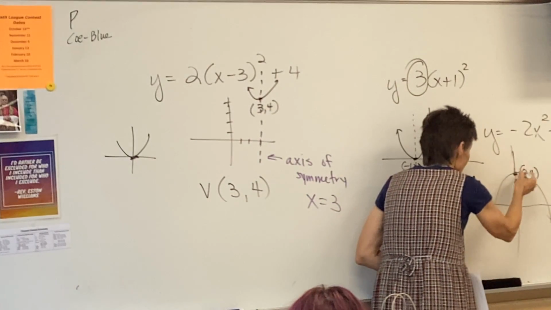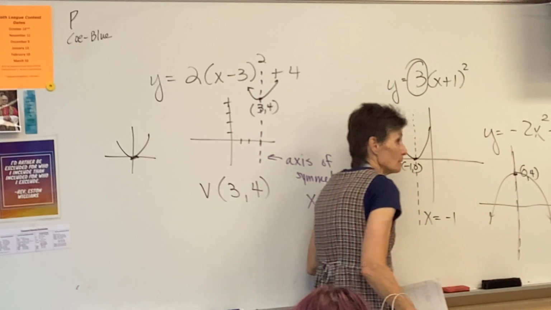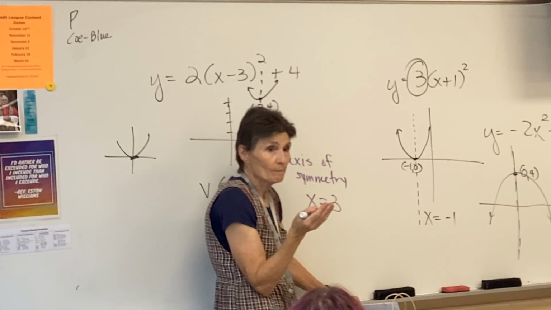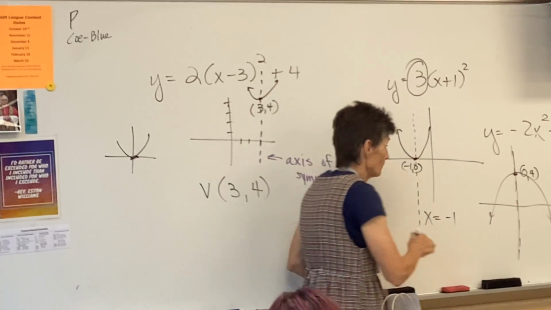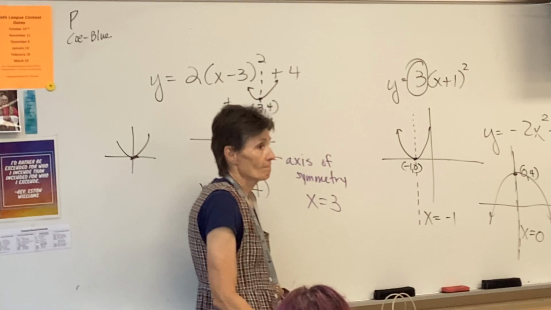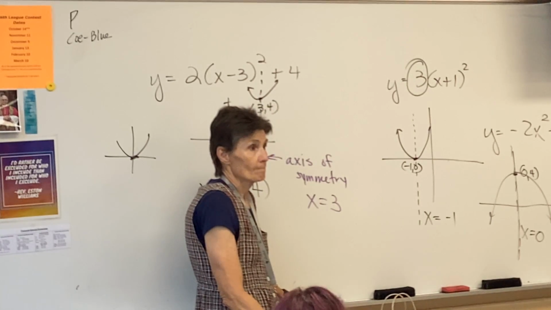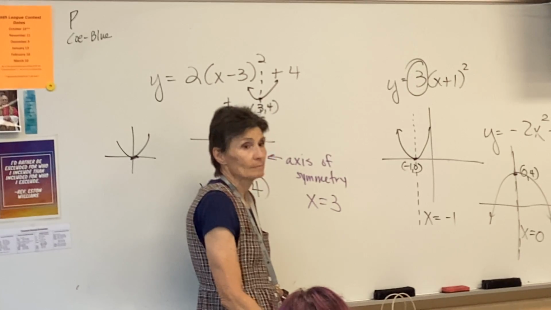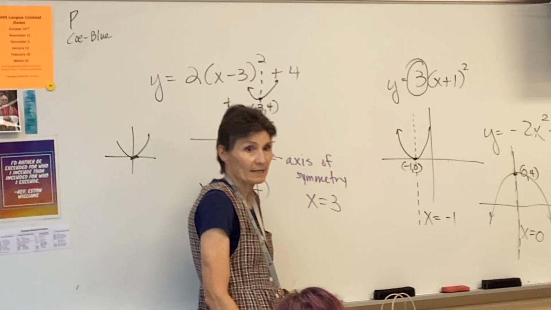Here is the axis of symmetry. Don't get confused. What is the equation? X equals 0. Isn't your axis of symmetry always going to be x equals, because it's always going to be crossing that x-axis?